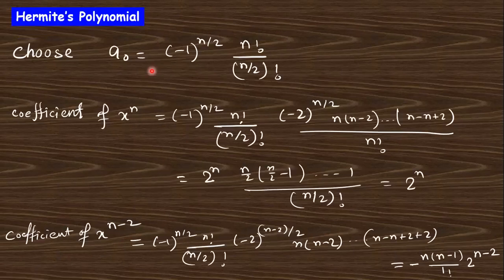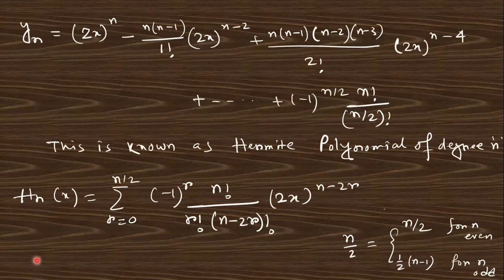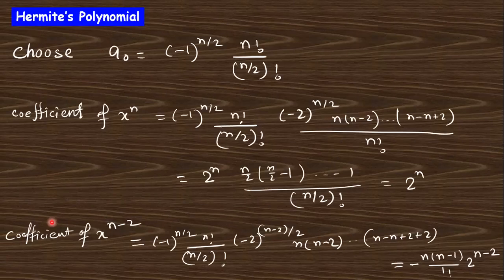If you put that, you will get 2 to the power n. Now if you want to find the coefficient of x to the power n minus 2, you will get this type of solution: minus n into n minus 1, divided by 1 factorial into 2 to the power n minus 2. In this process you can write down the solution when we choose a0 equal to this.